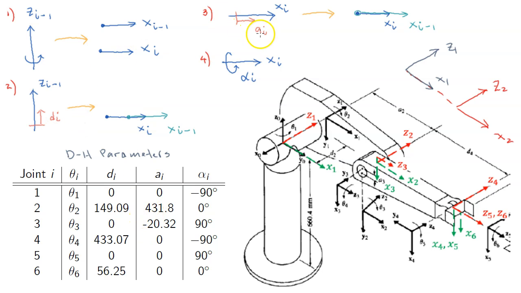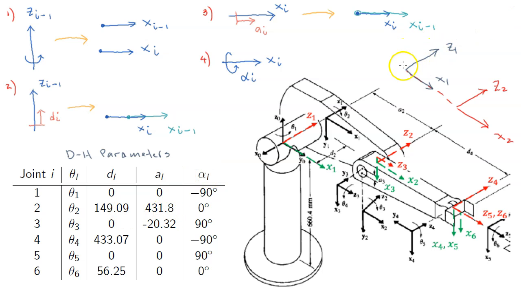So to find A2, how much do I have to translate this coordinate frame in X2, okay, to make the two origins coincide, these two origins? How to make them the same, coincide. So we have to move this much. So this is A2. And A2 we know from our specification of the robot, A2 is 431.8.